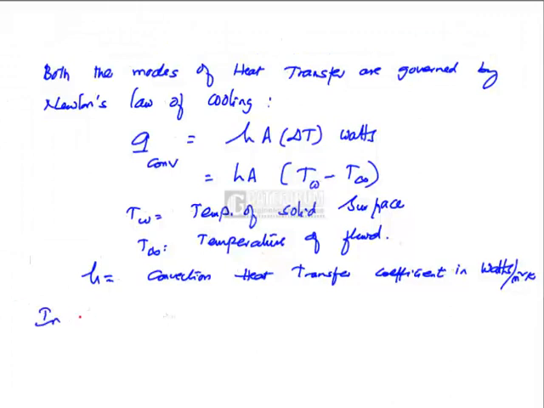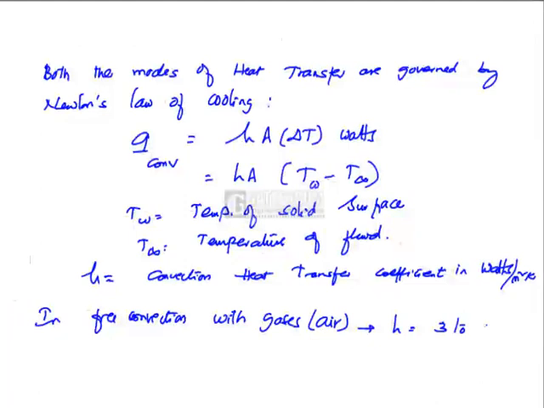In free convection or natural convection with gases like air, h will be varying between 3 to 25 watts per meter square Kelvin.